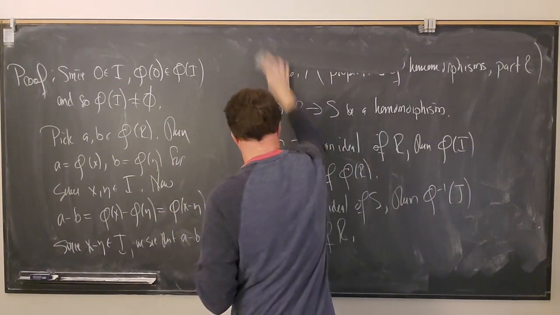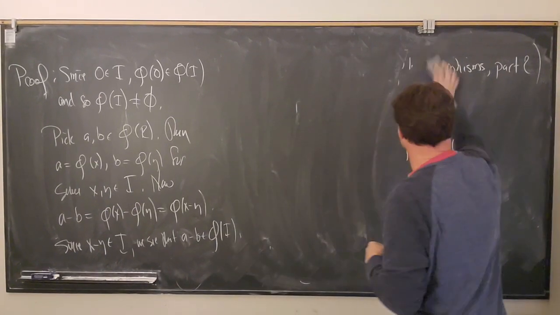Now we need to prove that it's closed under external multiplication.